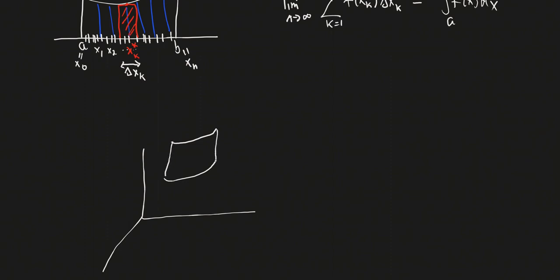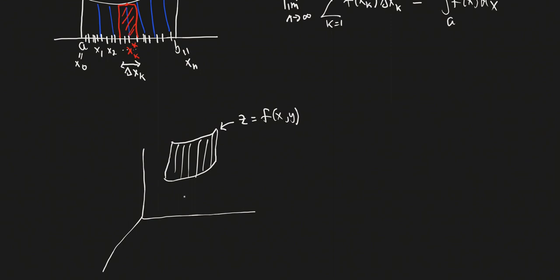This is our surface now, or at least a portion of it. And let's say we have the explicit equation that defines the surface, and that equation is of the form z equals f of x, y.